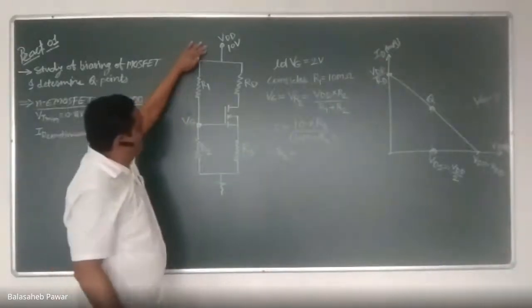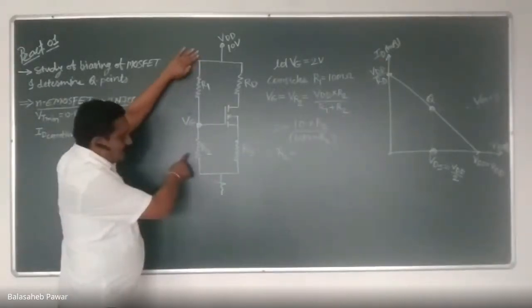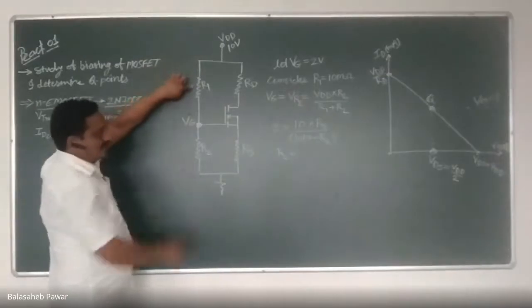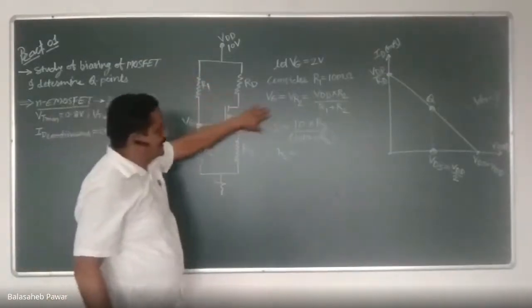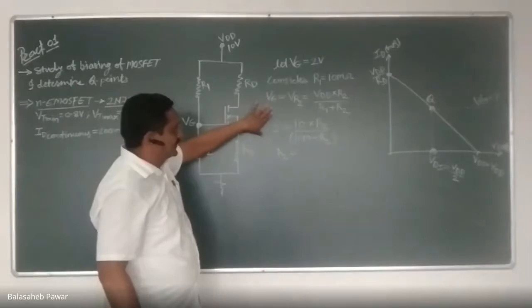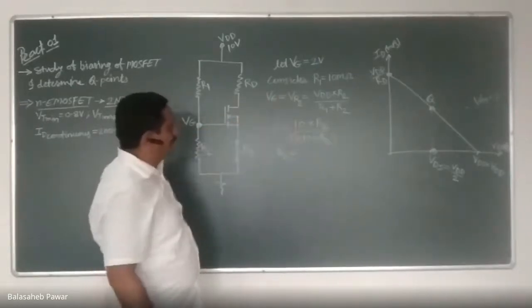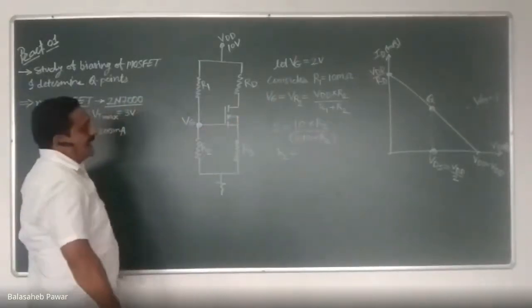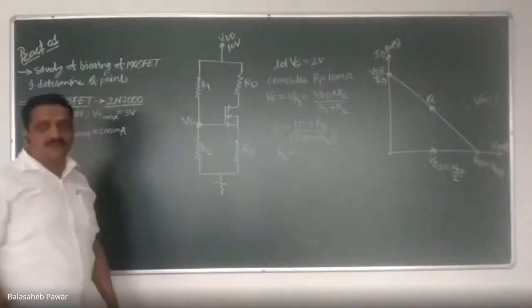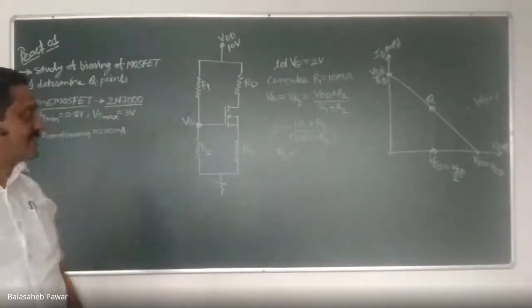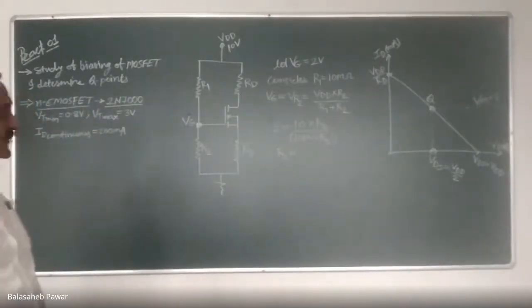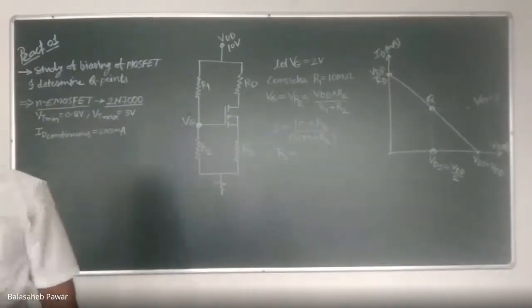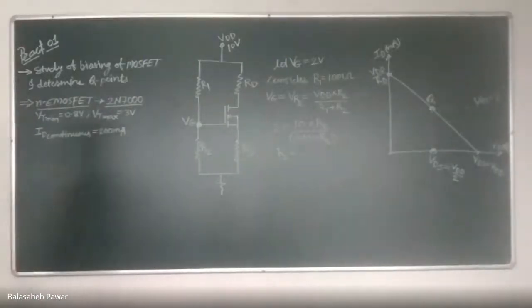VDD, the applied voltage source, into R2 divided by the total resistance R1 plus R2. Same thing I have written here. So you have to find the value of R2. R1 is considered as 10 mega ohm. VDD is taken as 10 volts. So find out the value of R2. Calculate it.